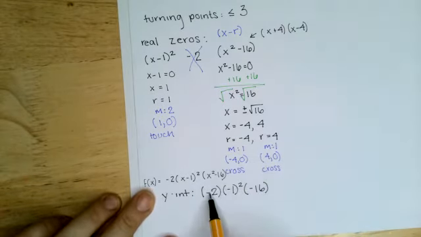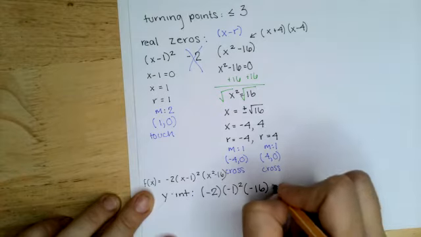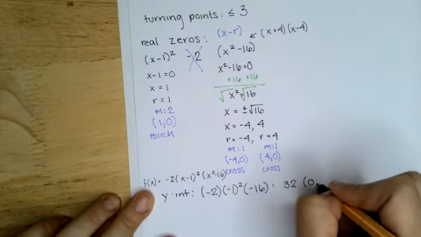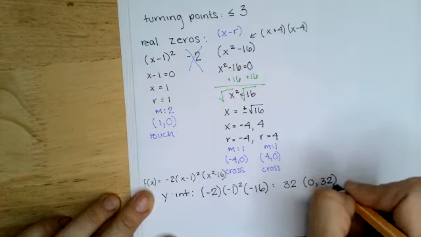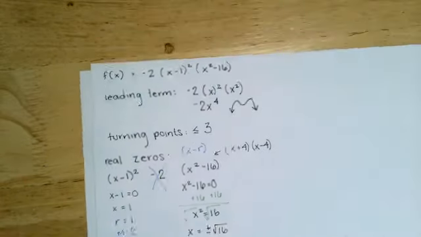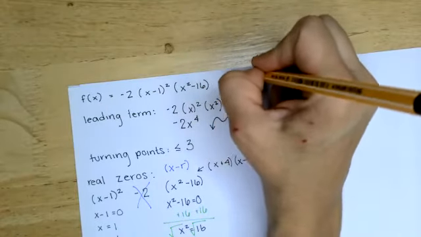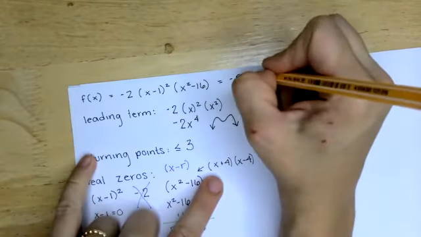The -2 remains a -2, but -2 times a -16 becomes a positive. So it's +32, which is the y-intercept, 0, 32.